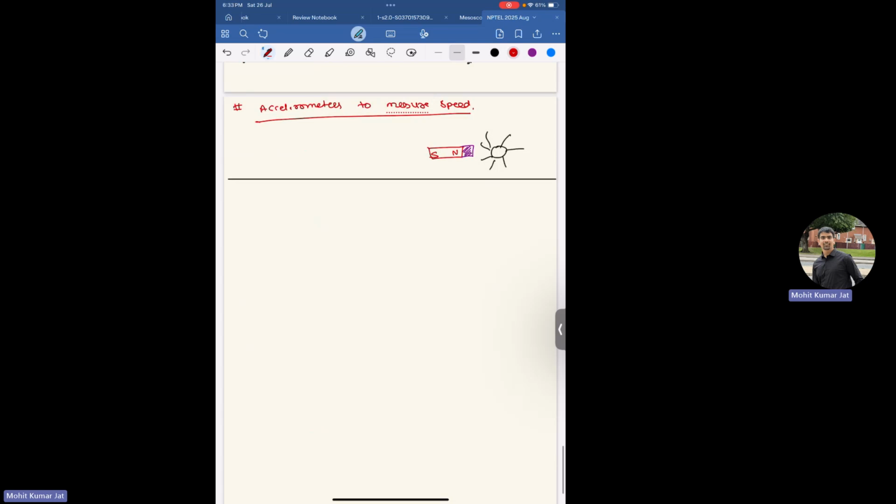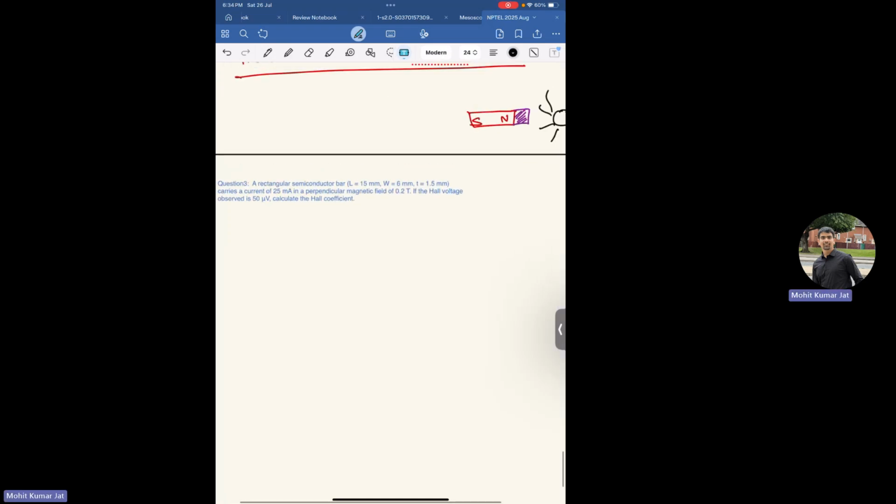Now moving on to the next question, which is like solving a problem based on the formula which we derived. It goes like a rectangular semiconductor bar. I'll just copy paste it so that it becomes easy for us. So this is the question.